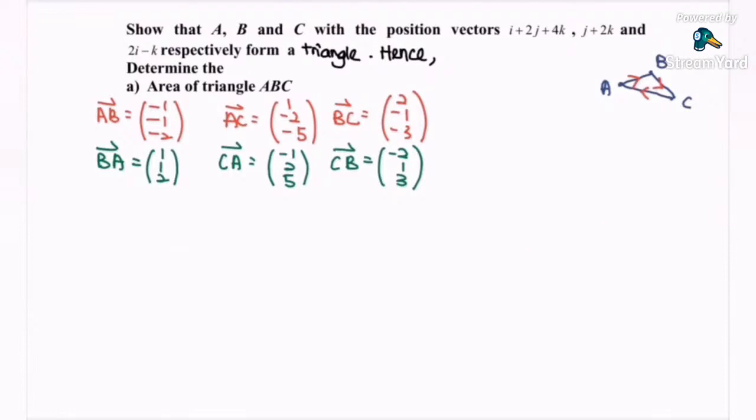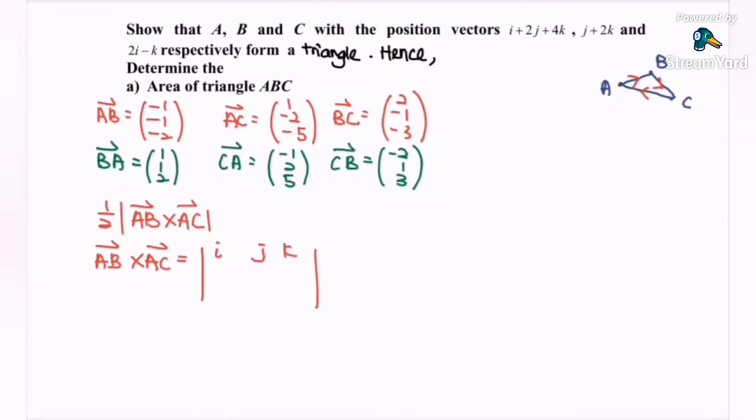So the formula for the area of a triangle is 1/2 modulus, where we have AB cross AC. So next, what we have to do is to find out what is AB cross AC. So where we have I, J, and K. So kindly fill up the vector AB, where we have -1, -1, -2, followed by AC, where we have 1, -2, and -5.